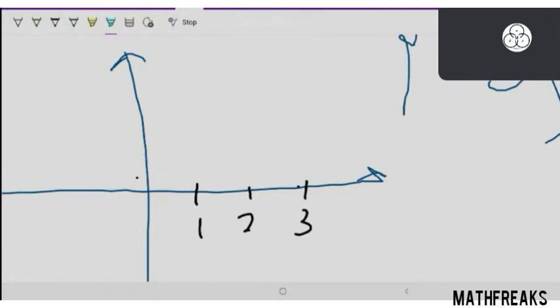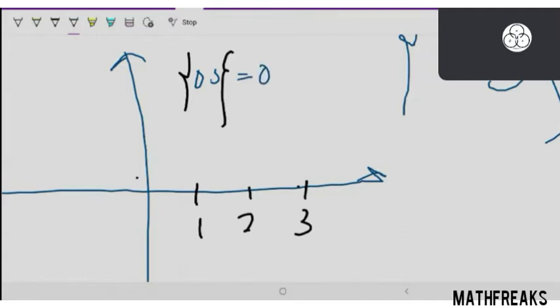So this will be a straight line up to 1, right? Because for curly x, let me put some value, say 0.5.